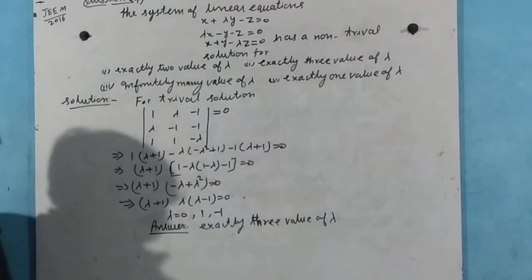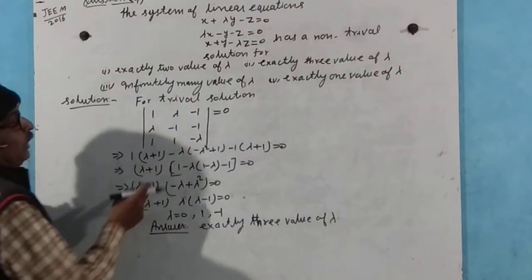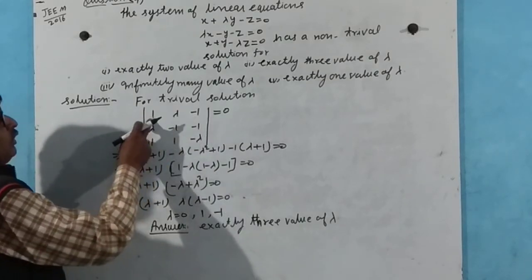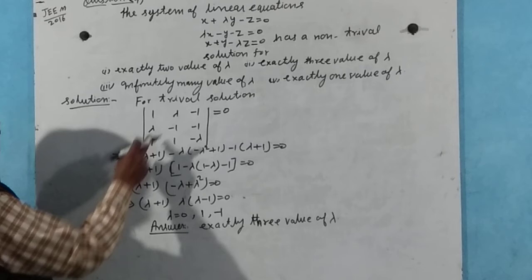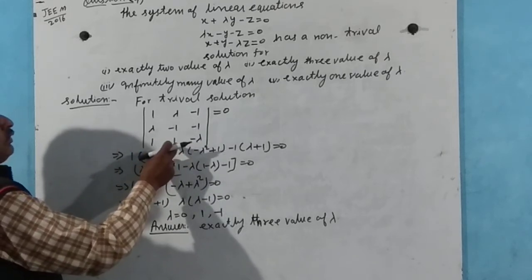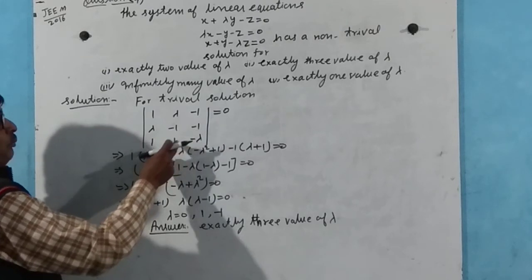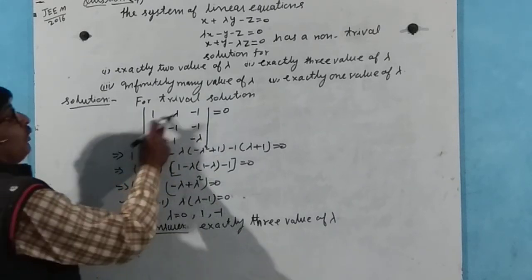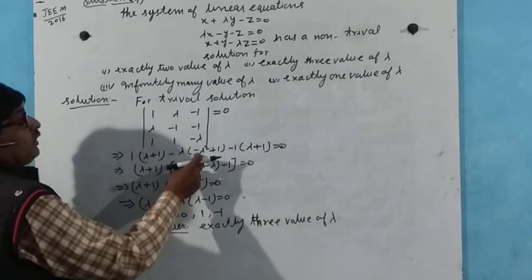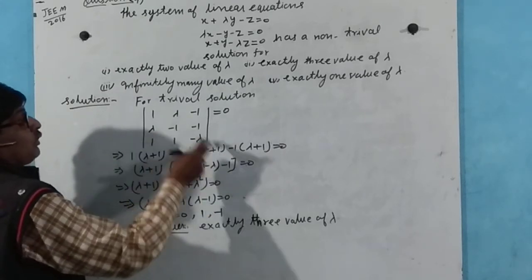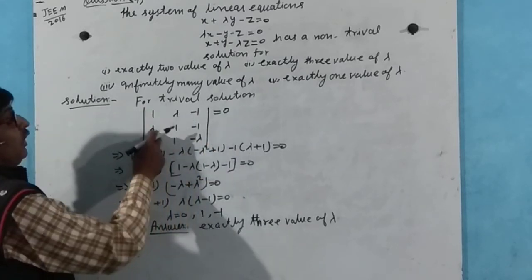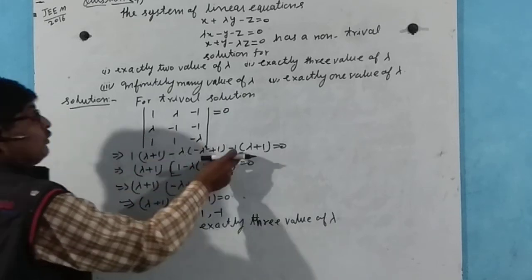Now we expand this with signs plus, minus, plus, deleting the corresponding row and column, multiplying, and this gives minus lambda square and plus 1.